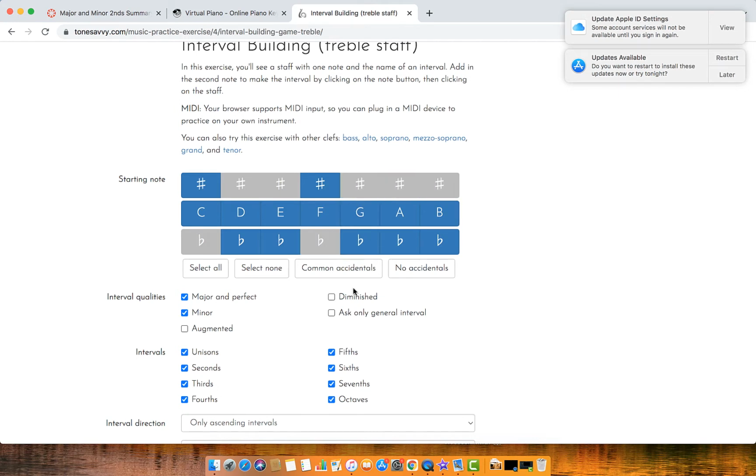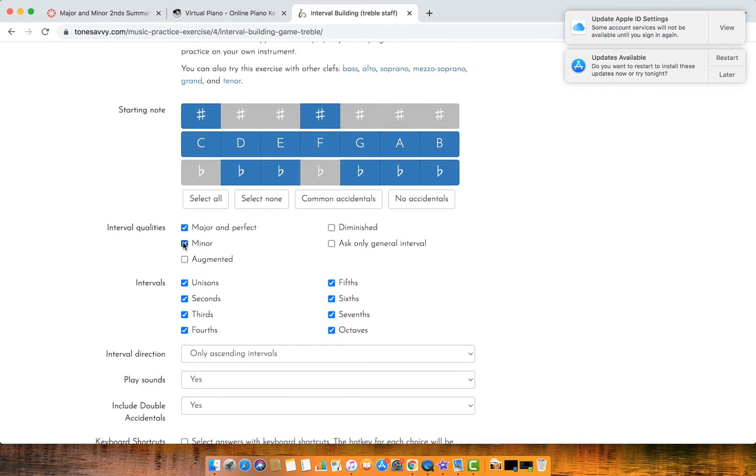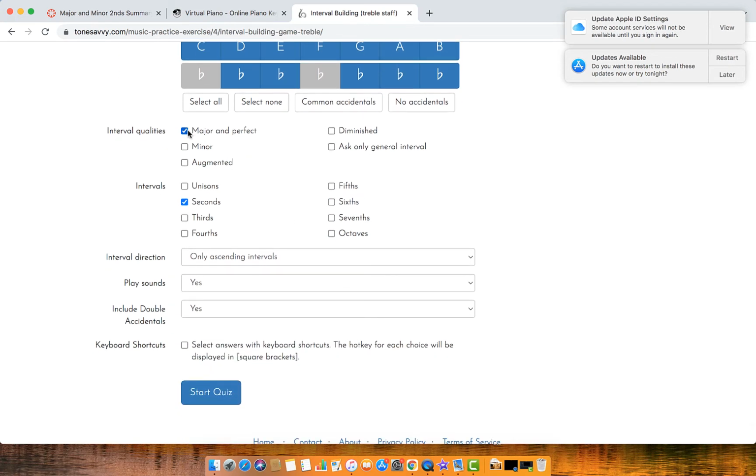So it'll be really basic, and all we're worried about is the seconds. All you're going to do is build major and minor seconds. I will take out double accidentals, so we don't have to worry about those.